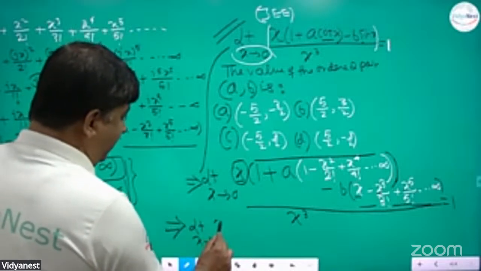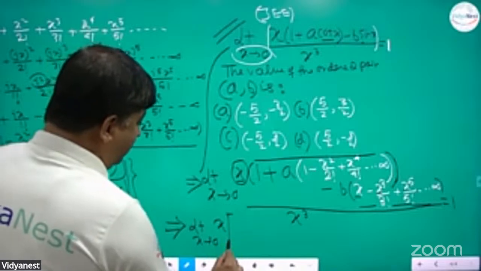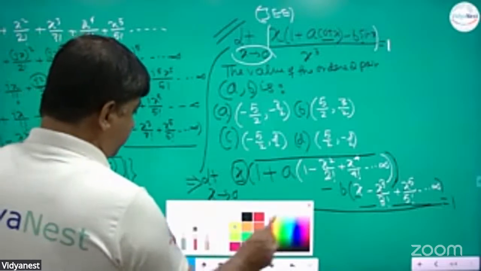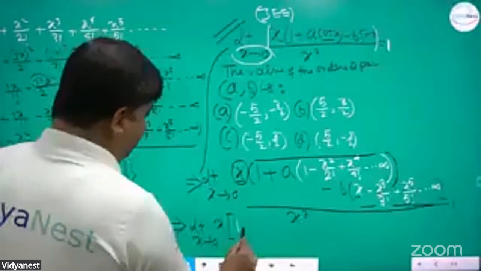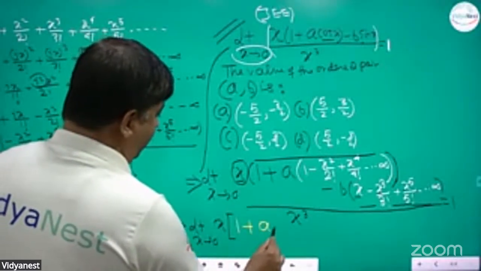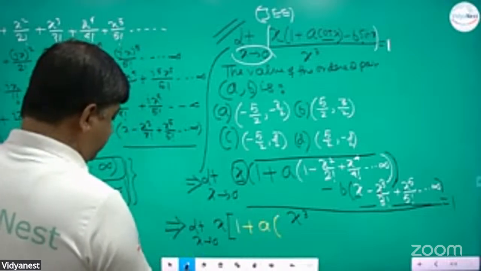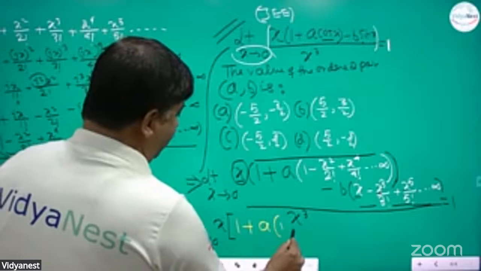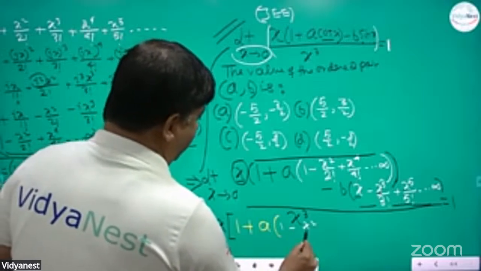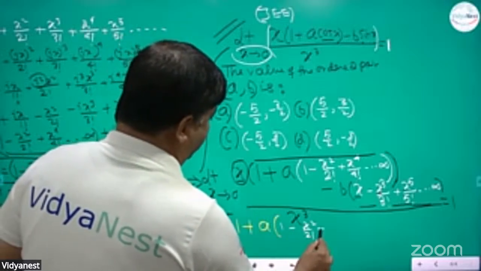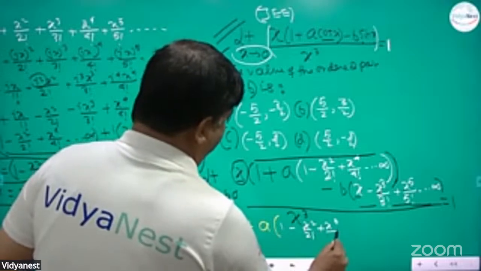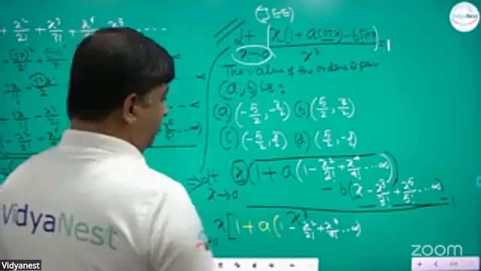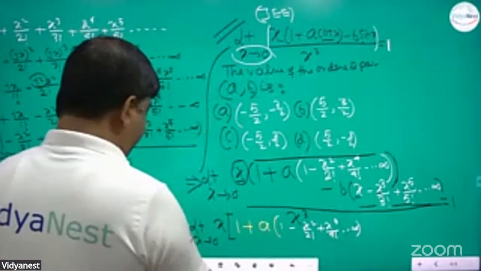If I take x common, what will be left in the bracket? 1 plus a into (1 minus x square by factorial 2, plus x to the power 4 by factorial 4) minus b into the sin series.